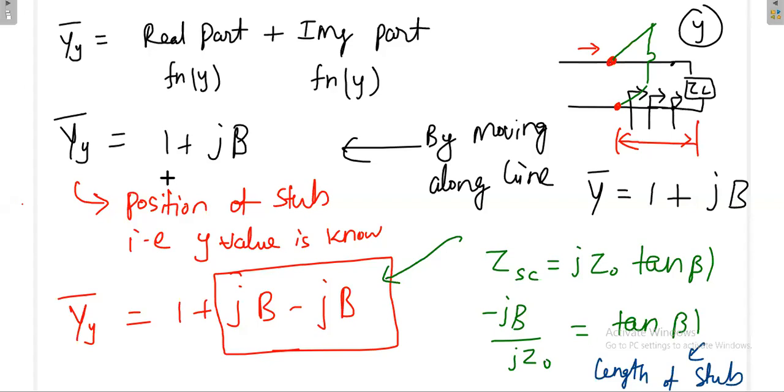Just because you are introducing the short circuit stub, that will not affect the real value, because a short circuit stub or open circuit stub always gives you imaginary impedance. It will not affect the real impedance. That's why first we make this real part 1, then introduce minus jB, because this will not be affected later. That is the idea. Any doubt, guys?